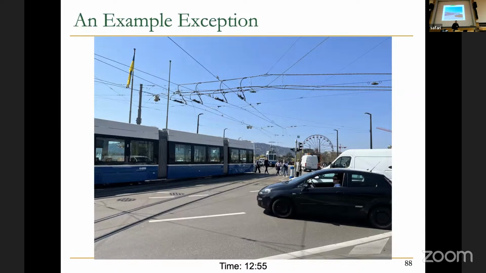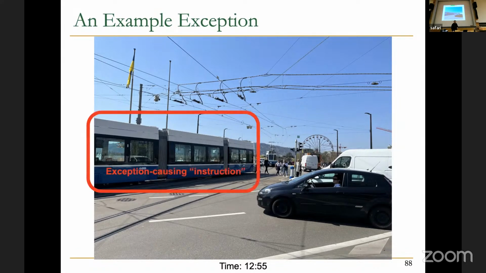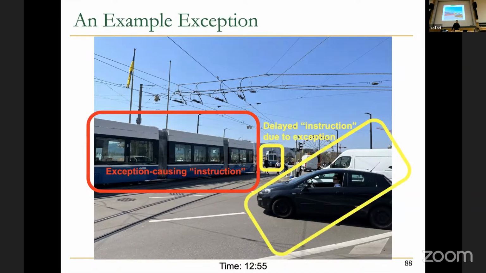These are pictures that I guess Professor Mutlu took last year. Here at 12:55, you can see that for some reason this tram is stalled. That could be a power outage for some reason. And then there is another tram that is waiting, and some cars are also waiting here.